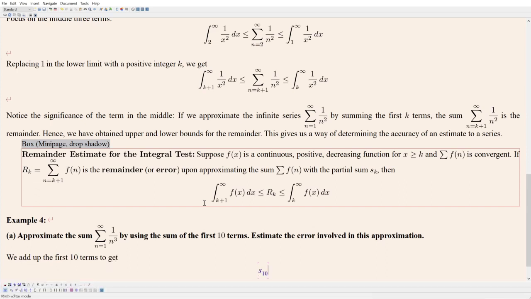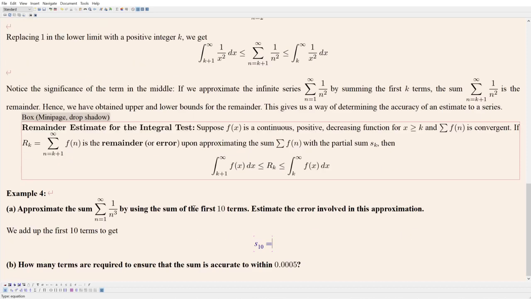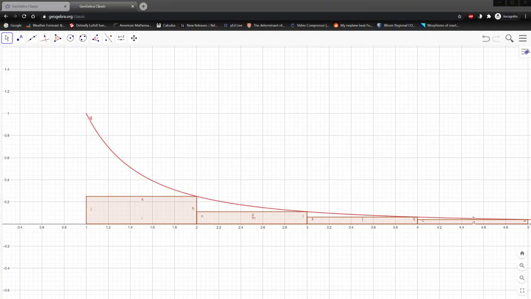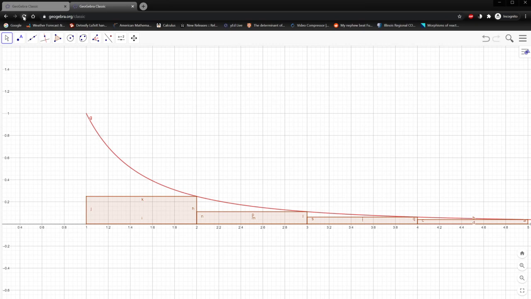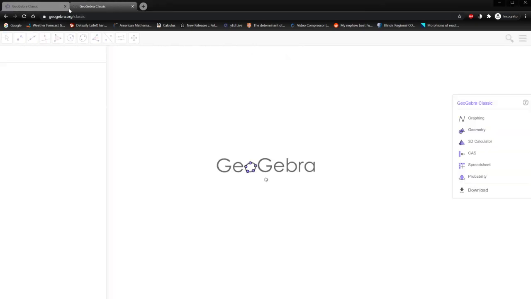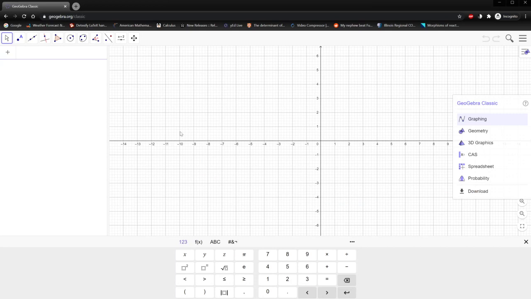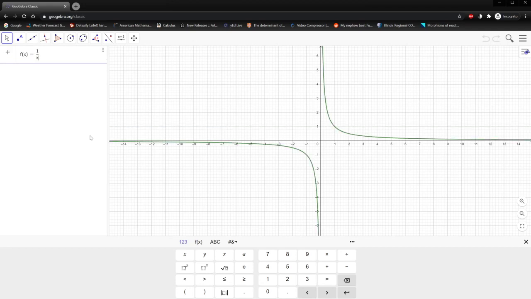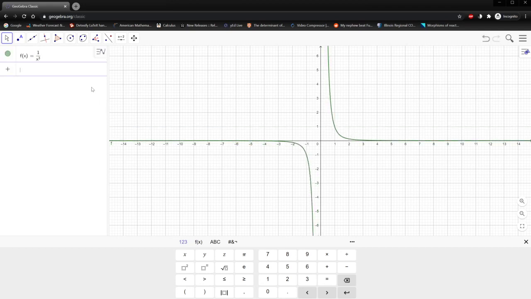So s sub 10, the 10th partial sum, is, let's see. So let's get rid of this. You can do this in Geogebra really easily. So first, let's enter in our function. It is 1 over x cubed in this case. Then we type in sum, left parentheses, and then Geogebra helpfully fills in the sum notation.